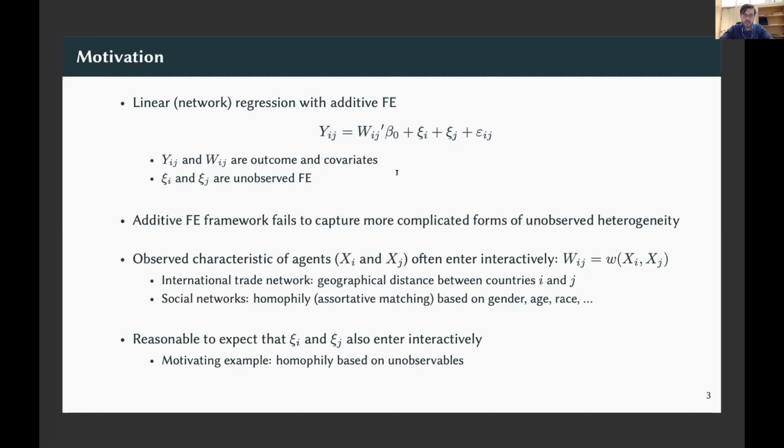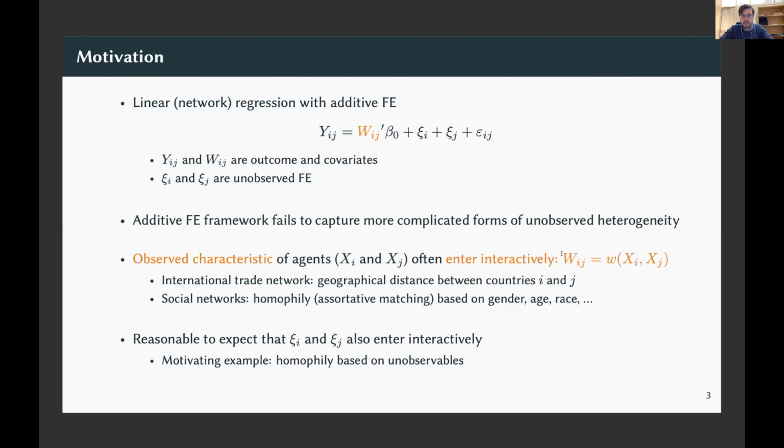Even though this additive fixed effect framework is widely used in practice, unfortunately, it's not flexible enough to capture more complicated forms of interactive unobserved heterogeneity, which are likely to appear in many settings. Specifically, one might find this structure particularly restrictive, since we know that the agents' observed characteristics typically enter this model in an interactive fashion.